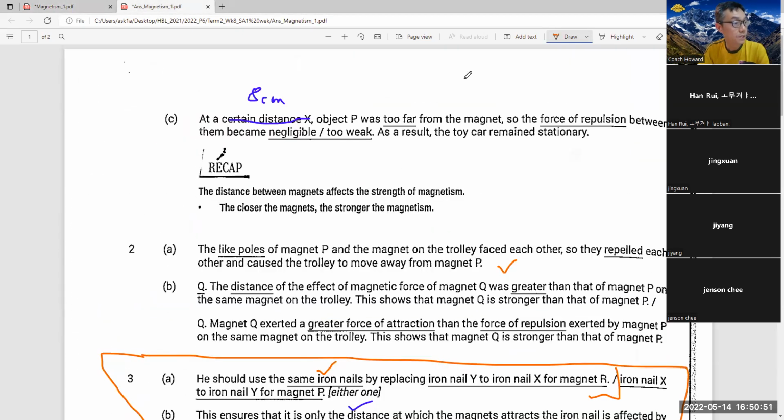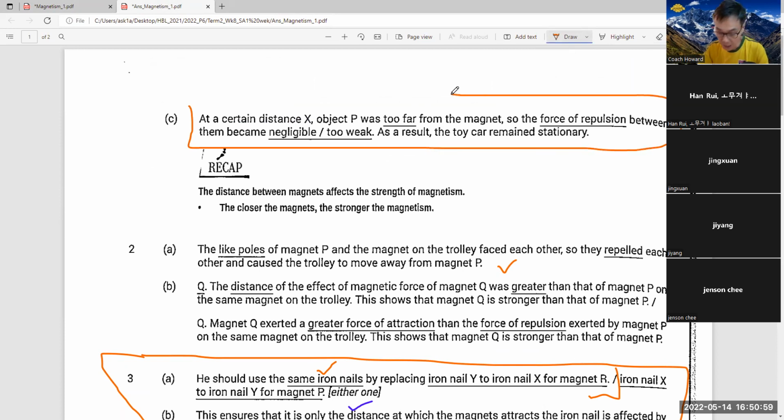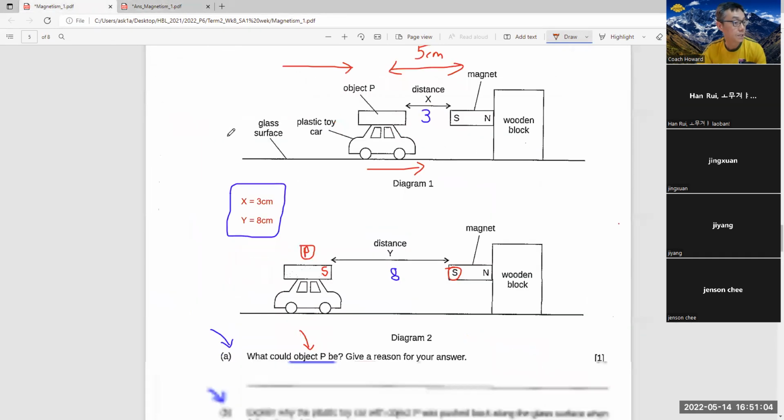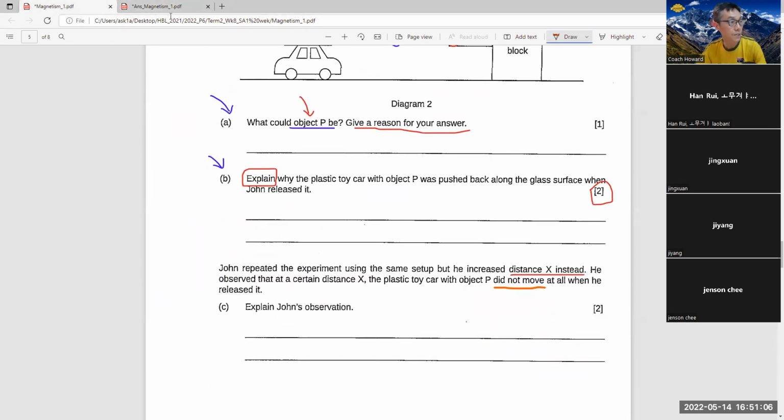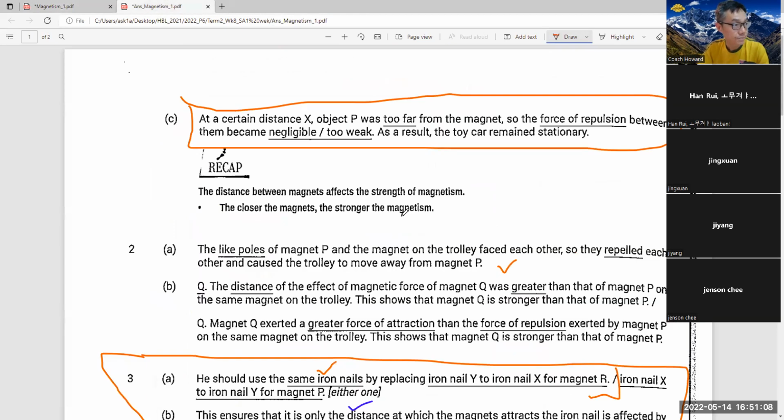So in your answer, you should mention this part. Let me scroll here. Let me erase this. This question is 2 marks, so you must explain carefully. You say that at a certain distance x, object P was too far from the magnet.